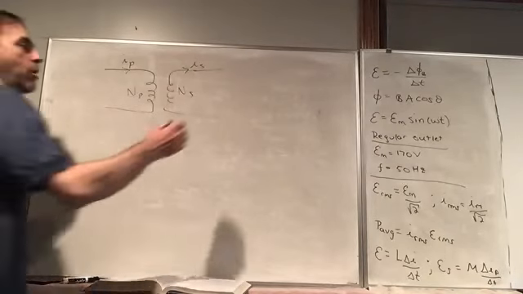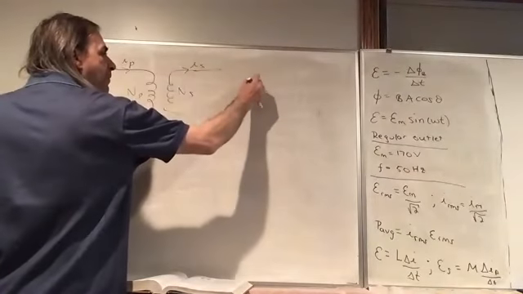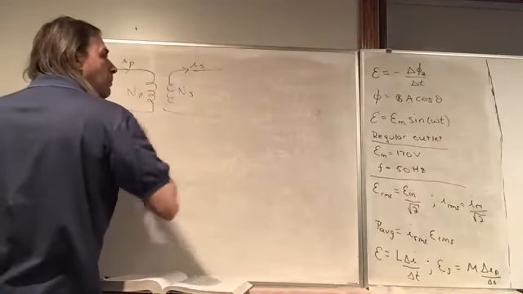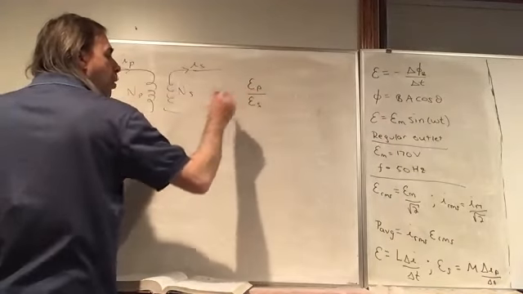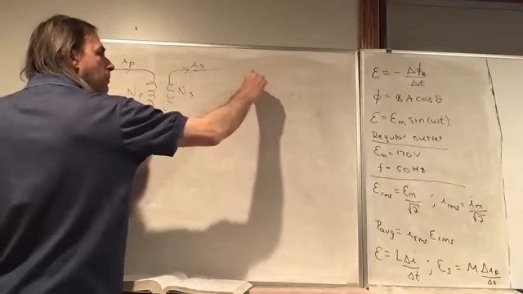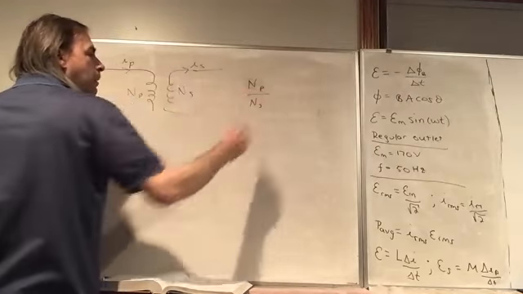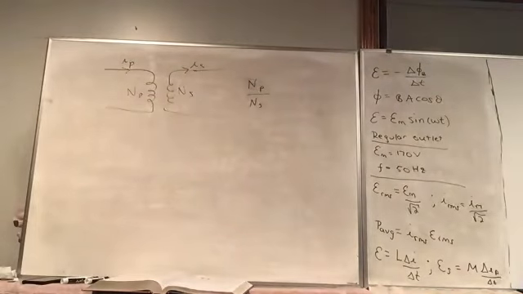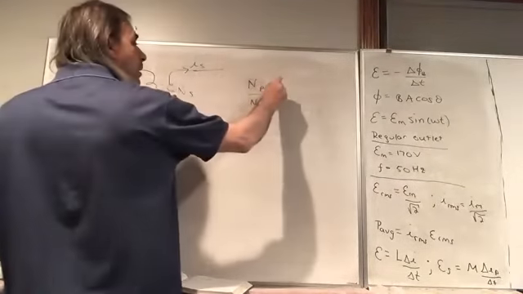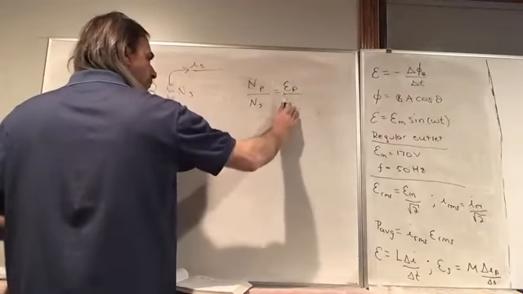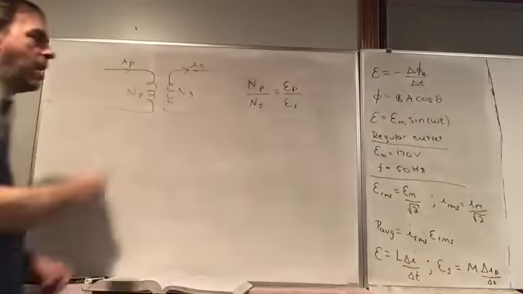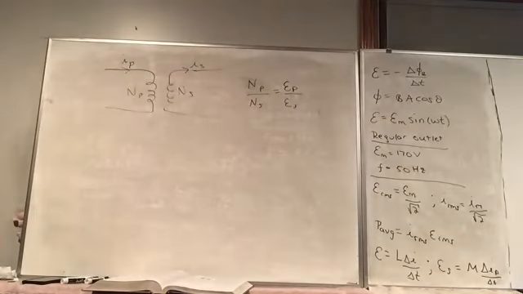And the basic transformer equation is that, actually I'm going to write it this way. The turns ratio, the number of turns in the primary coil divided by the number of turns in the secondary coil, is equal to the ratio of the EMF in the primary over the EMF in the secondary. And again, this is an ideal transformer.